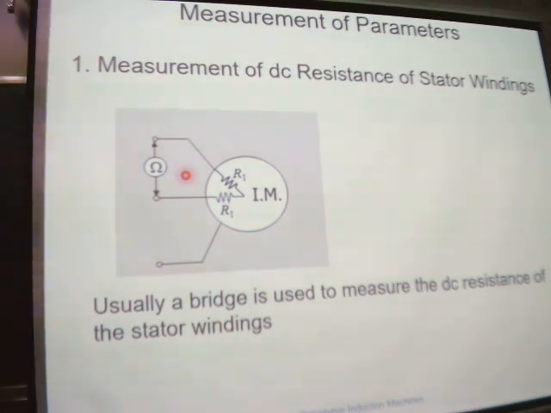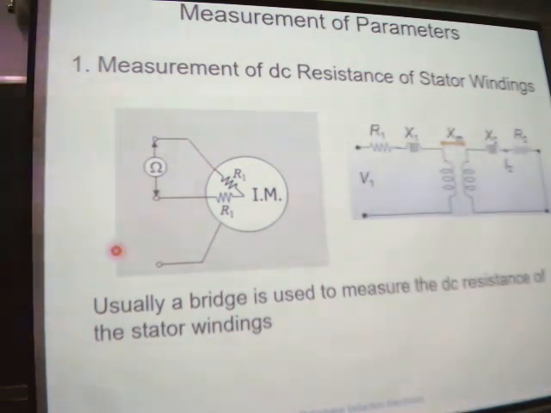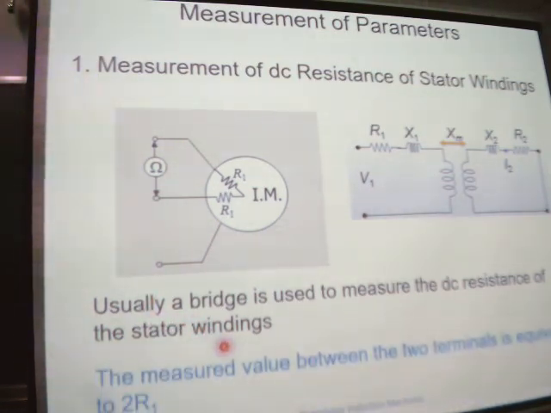We can measure the resistance between these two terminals, and this is equal to 2 times R1, because these two points are line to line, so it includes two resistances.